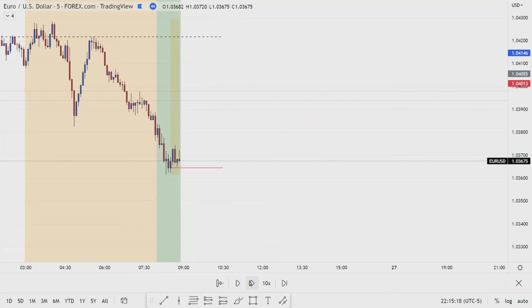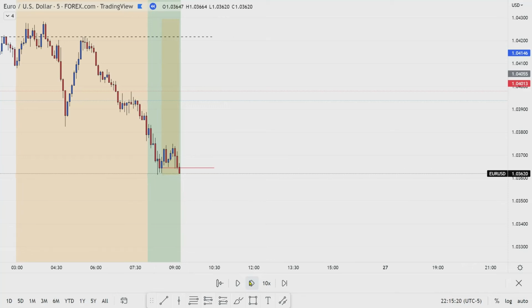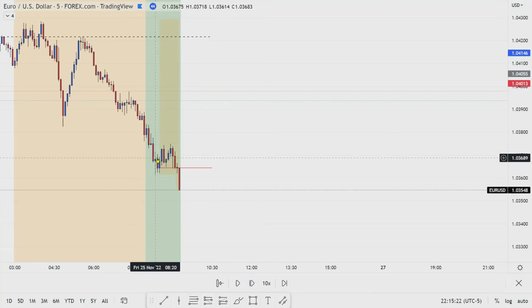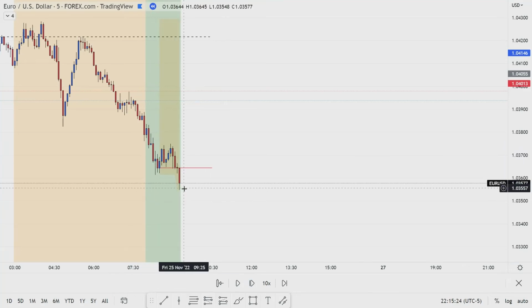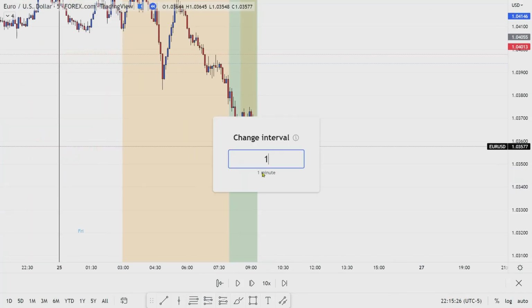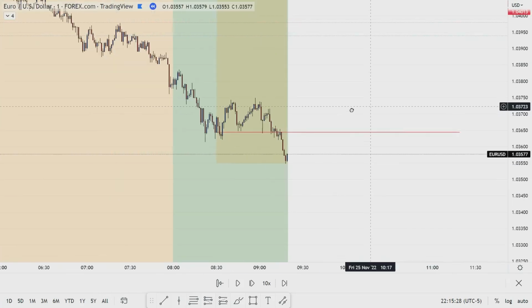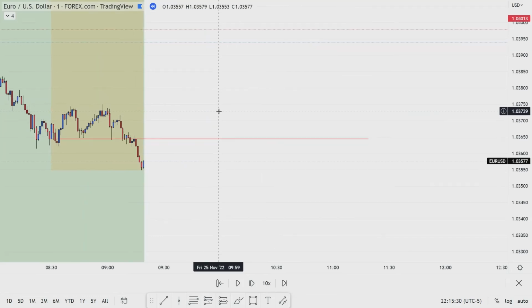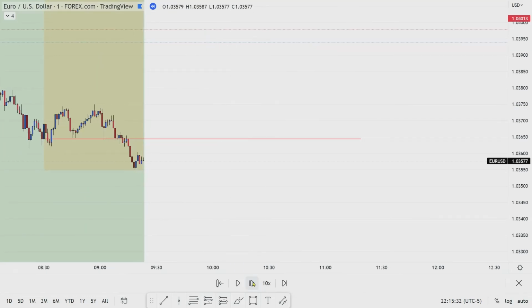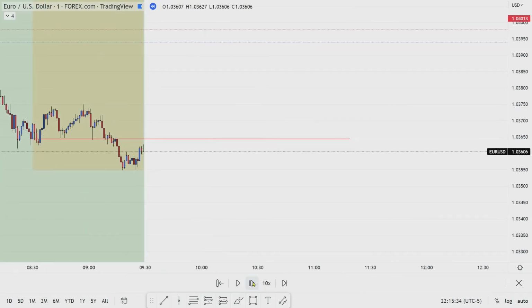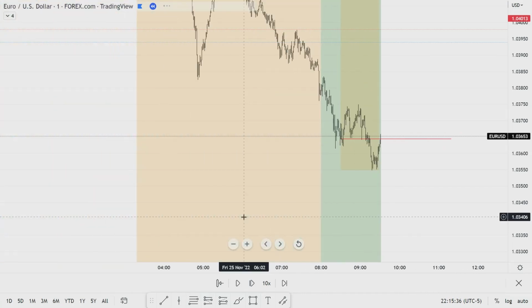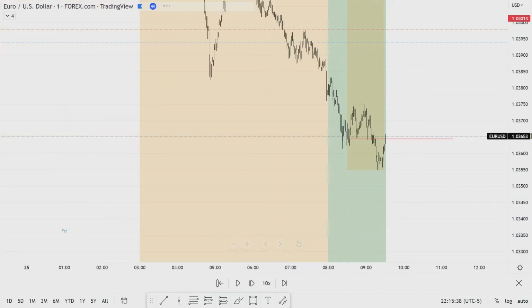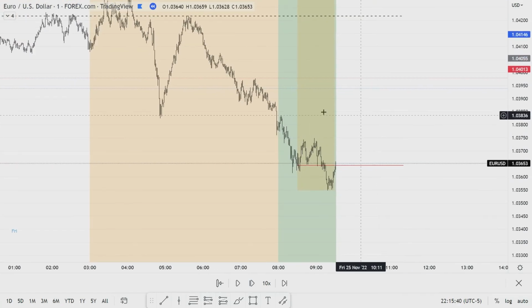So we have that 8:30 opening. We go into a premium market and then we go back down into a discount market. Now we're completely below that significant low from London.